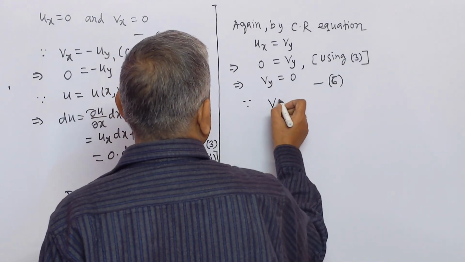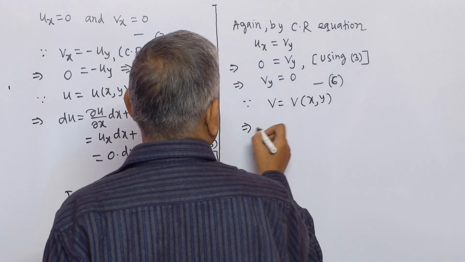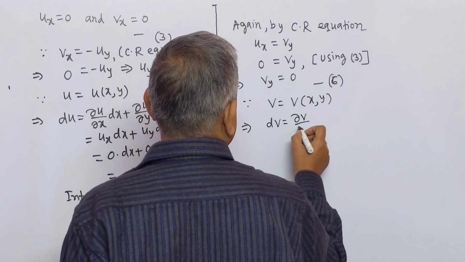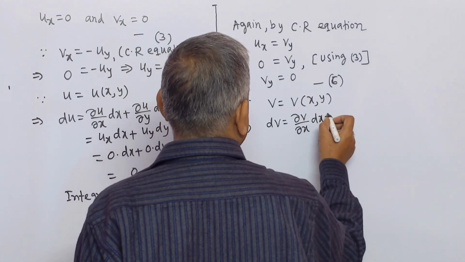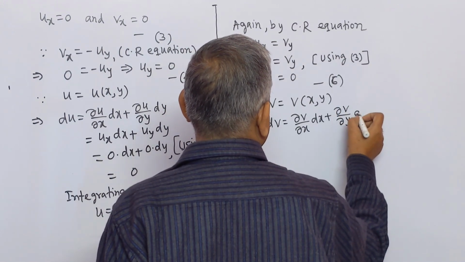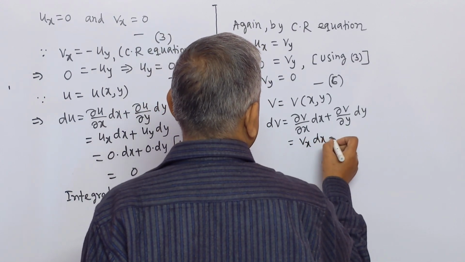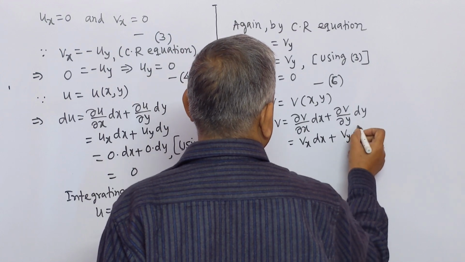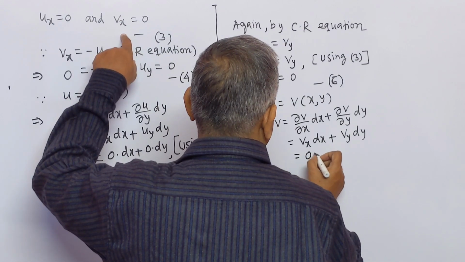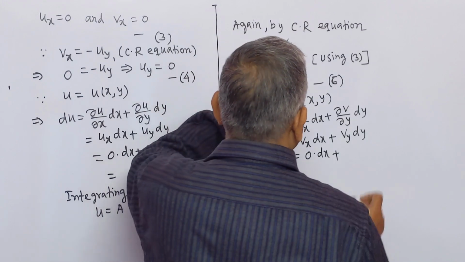Since v is a function of x, y, this implies that dv equals the partial derivative of v with respect to x times dx plus the partial derivative of v with respect to y times dy. This is vx dx, this is vy dy. Vx is 0 in 3, so 0 times dx, and vy is 0 in 6.